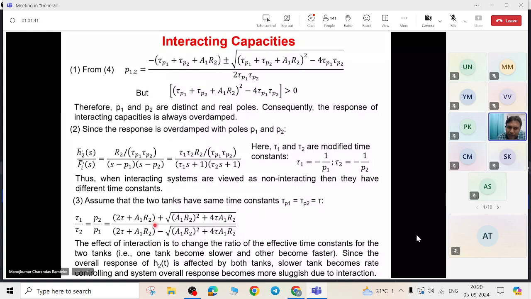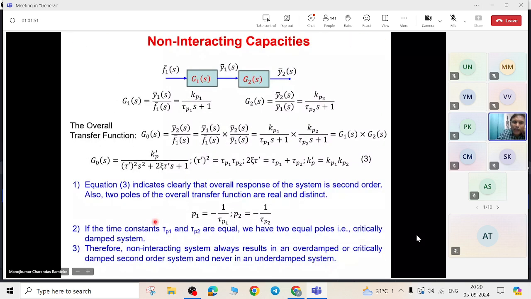Now the interesting fact to note here is, even though both the tanks are the same, remember, here we have assumed that when we had the non-interacting capacities and the two tanks are the same, their time constants are going to be the same, and I'm going to get the critically damped system.